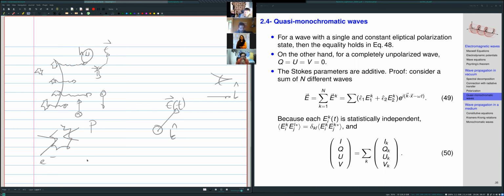I'm getting a bit ahead of the contents of the course at the moment, but this collision will radiate electric dipole radiation, and when we observe this collision far away, we'll be measuring an electric field which will have a very specific time dependence. In fact, it's going to be linearly polarized.